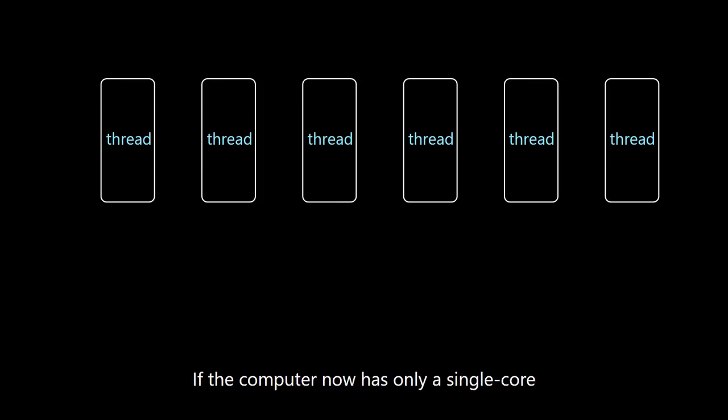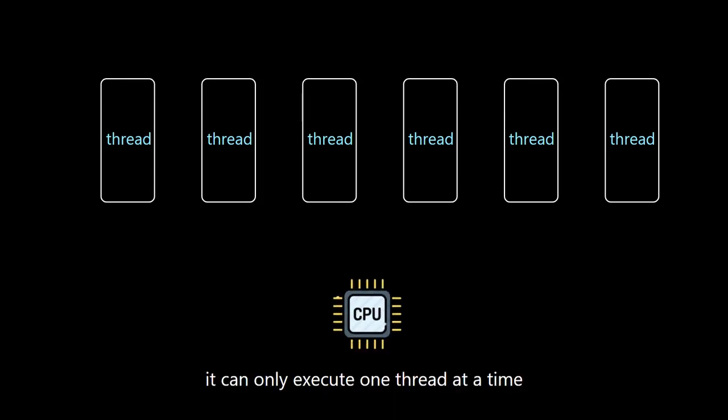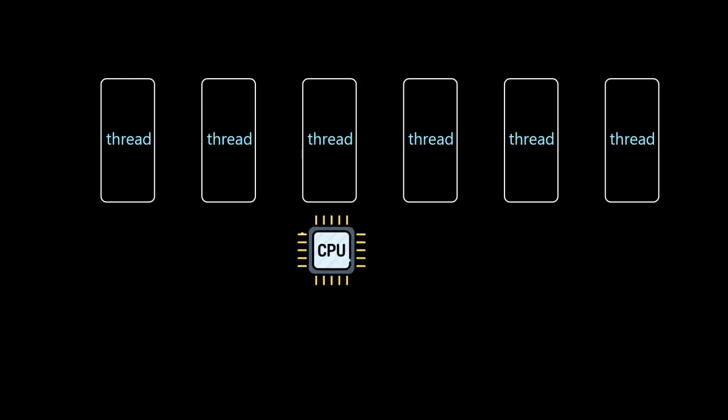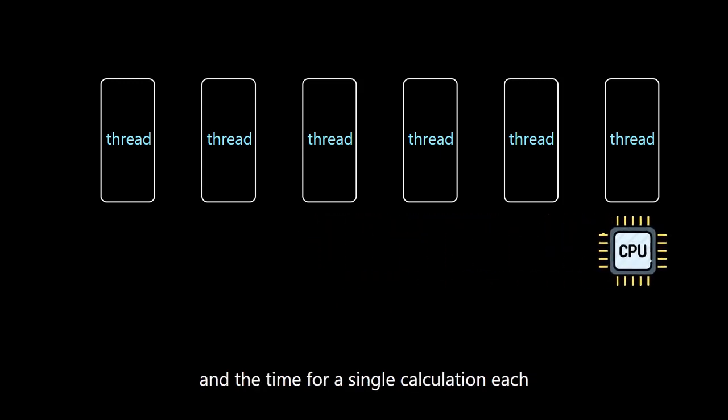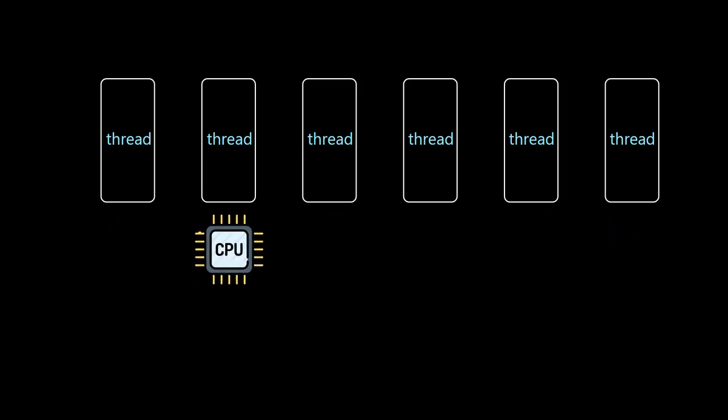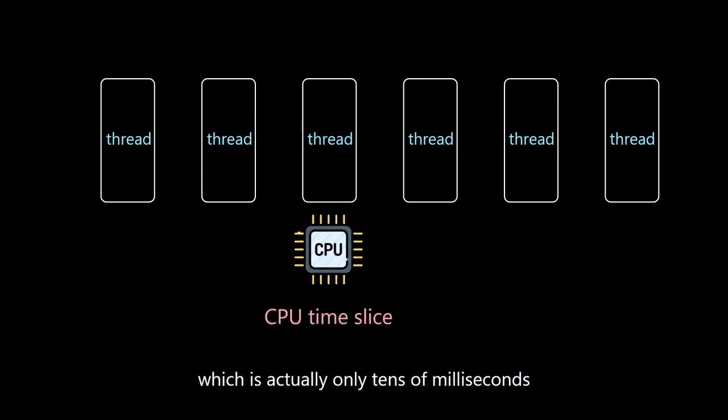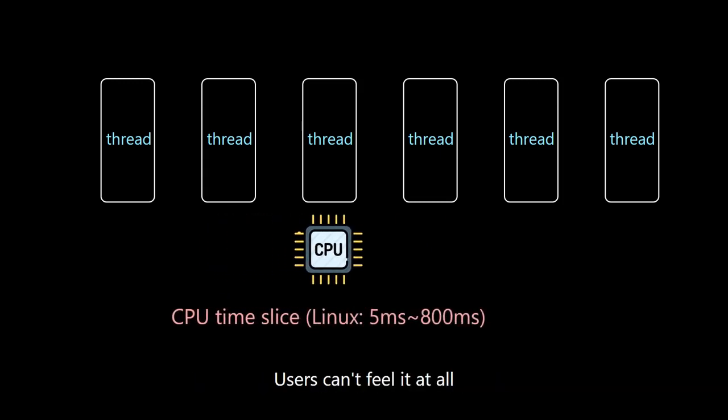If the computer now has only a single core CPU, it can only execute one thread at a time. Then each thread needs to be executed in turn, and the time for a single calculation each time becomes a CPU time slice, which is actually only tens of milliseconds. Users can't feel it at all.